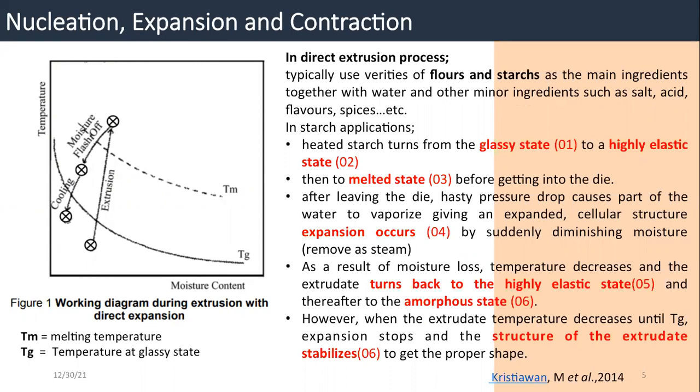Then low energy is there, it means low temperature is there. Then the texture changes again, and finally you can get the texture with amorphous state, and the structure of the extrudate stabilizes here, right?